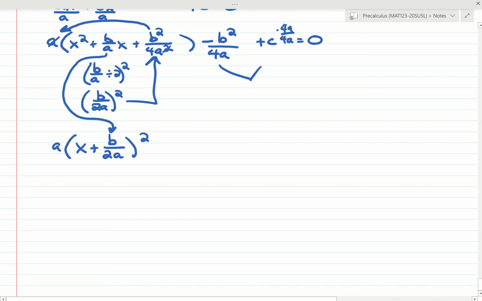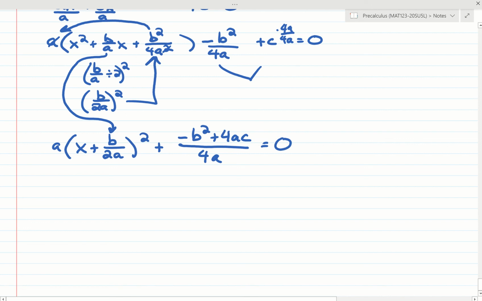So x plus b over 2a. Now we're going to have negative b squared plus 4ac all divided by 4a. That's going to be the fraction we get by combining those two.